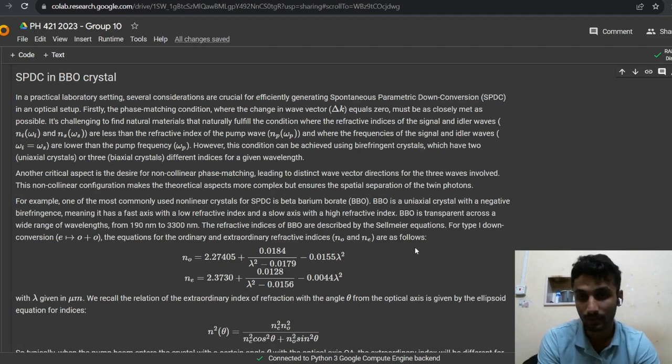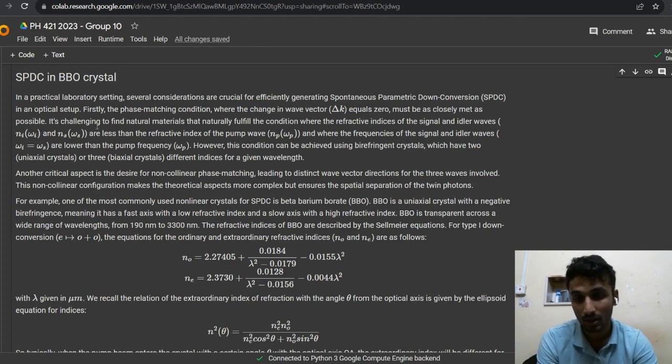So, like we saw before, practically we need to look at conditions like phase matching for efficient signal generation. So, you see here, delta K, which we saw earlier to be K1 plus K2 minus K3, or Ki plus Ks minus Kp, needs to vanish or be as close to vanishing as possible.